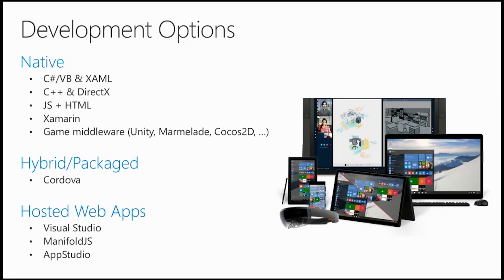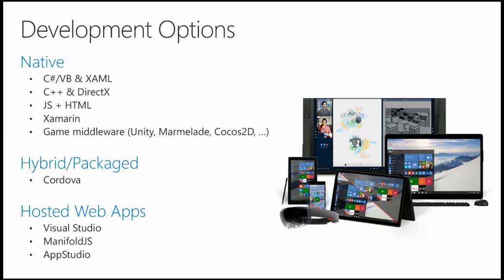Then next to that, another option to build this Universal Windows Platform app is to build what is called a hybrid or a packaged application. This is using Cordova, or PhoneGap as it used to be.